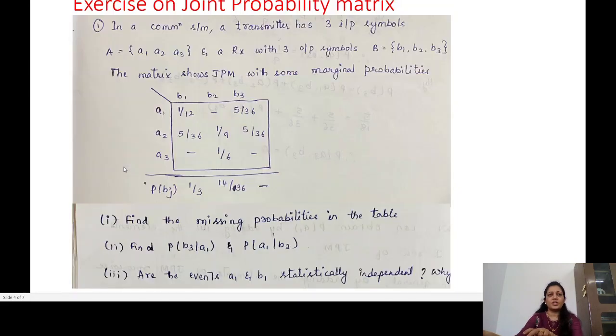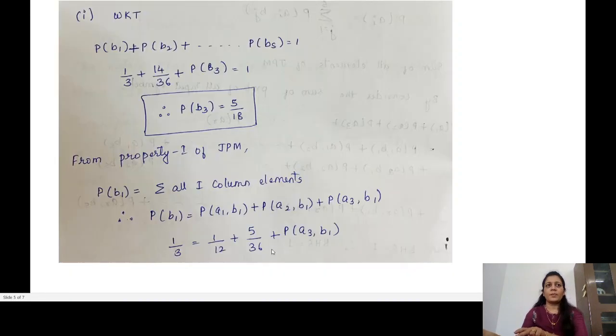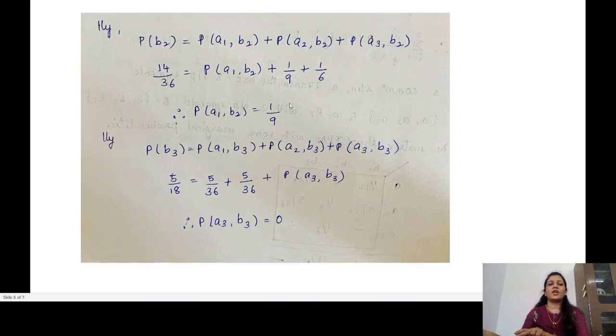Next sub question is to find P of B3 divided by A1. That is output conditional probability and input conditional probability. So with the help of joint probabilities, we have to find out the conditional probabilities. We know how to express a joint probability in terms of conditional probability.